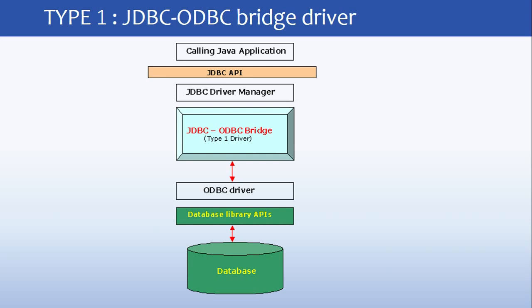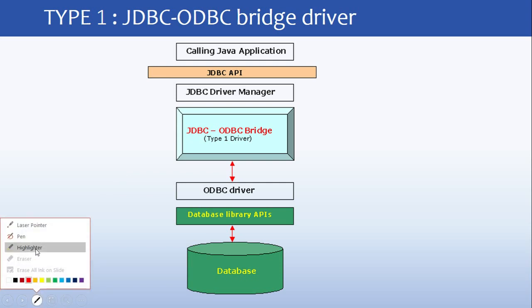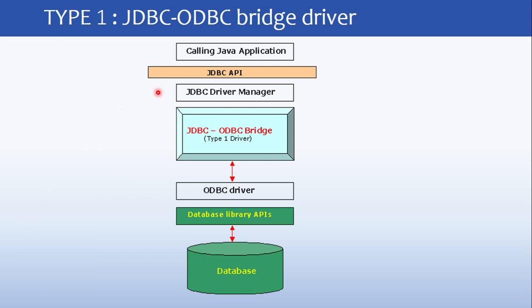So this is another snapshot which is giving the same scenario as we have seen in the previous slide. In this case, we have the calling Java application, which with the help of the JDBC API communicates with the JDBC ODBC bridge driver. Then there is an ODBC driver and database library APIs, and with the help of all these components we communicate with the database.